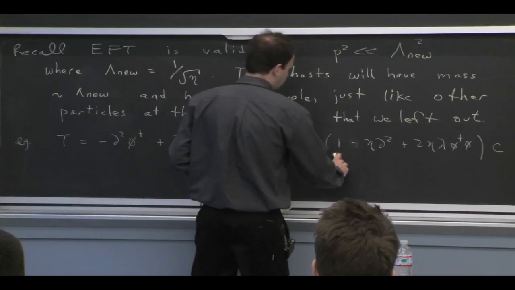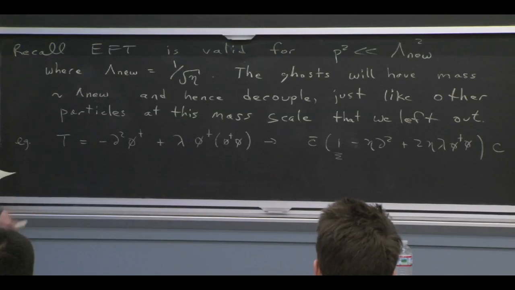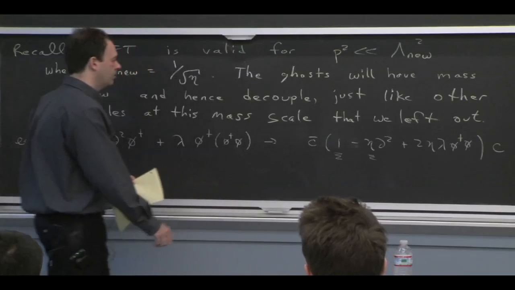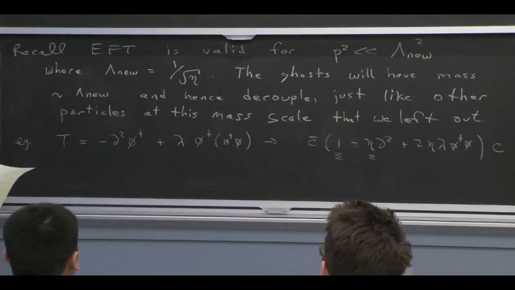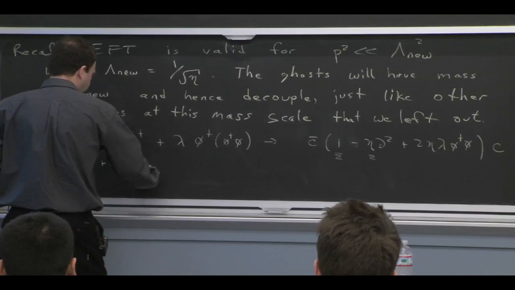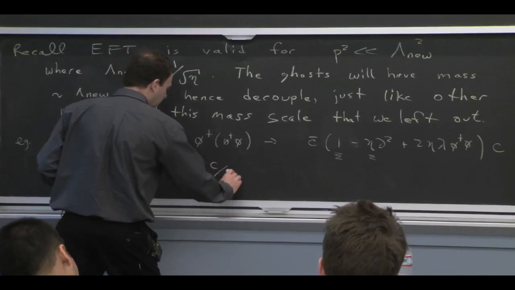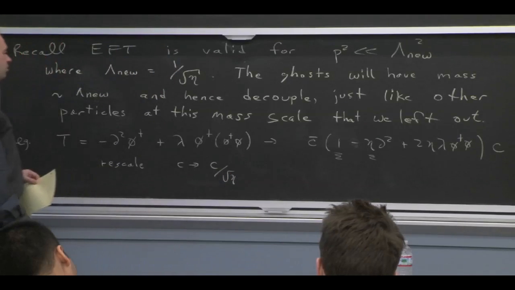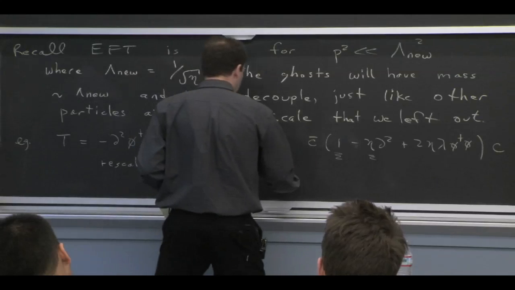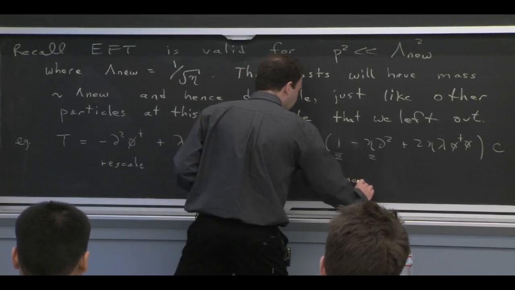So this here is going to be the mass term. And so far, it doesn't look like it has the right dimensions. And that's because we've got our kinetic term, if you like, with the wrong dimensions. So if we want ghost fields of standard dimensions, or canonically normalized kinetic term in this case, we would take C and rescale it to C over root eta. And if we do that, then this does become a lambda nu.